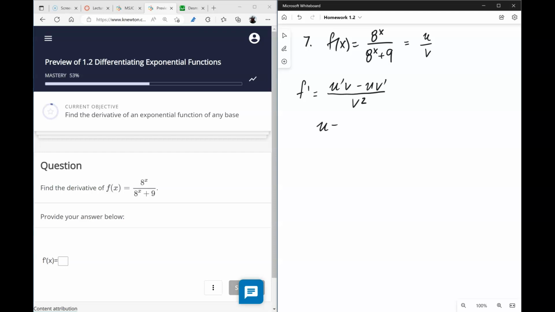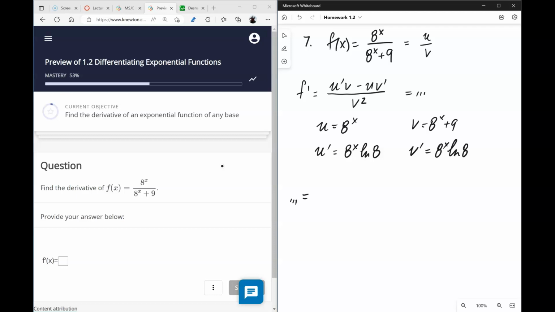So if my u is 8 to the x, then u prime is 8 to the x ln 8. And if my v is 8 to the x plus 9, then v prime is 8 to the x ln 8 plus derivative of 9, which is 0. So putting it all together gives us this.